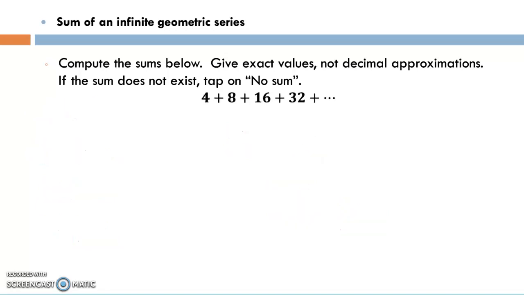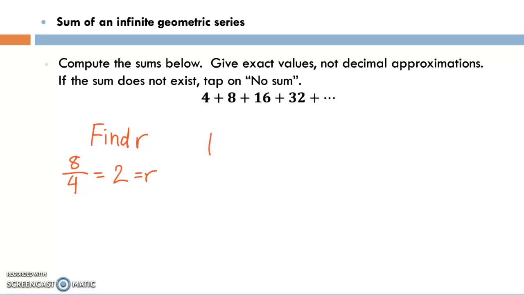Let's do another. Here we're told to compute this sum, 4 plus 8 plus 16 plus 32. And you can kind of think, well, I'm getting bigger and bigger and adding more and more. But I need to find r just to be sure. What's the common ratio? We take the second term and divide it by the previous term, and we get that r is equal to 2.